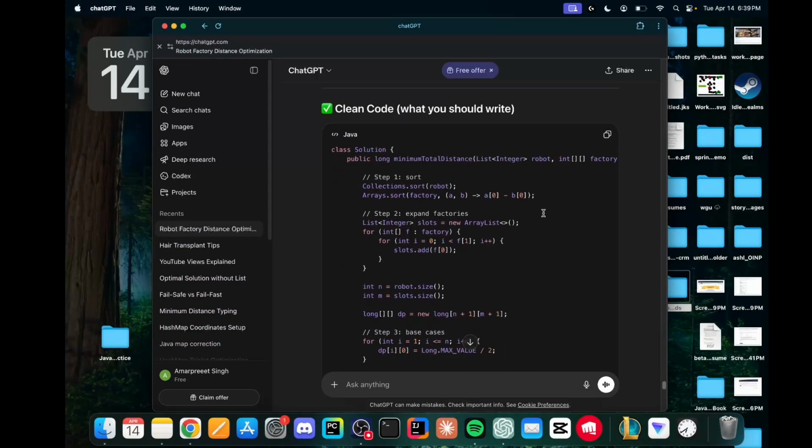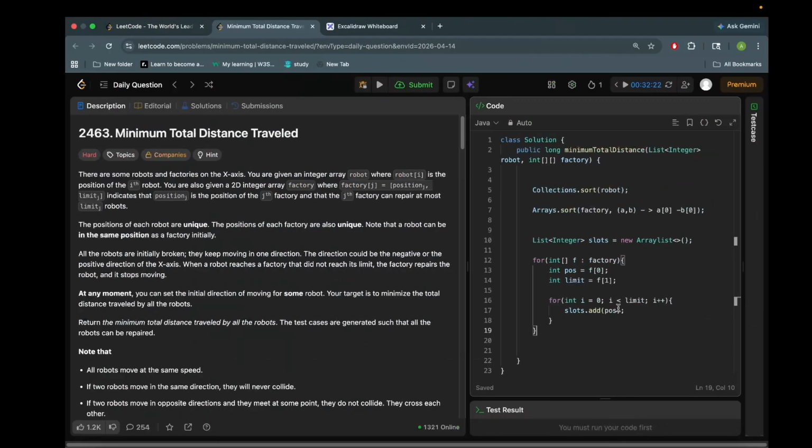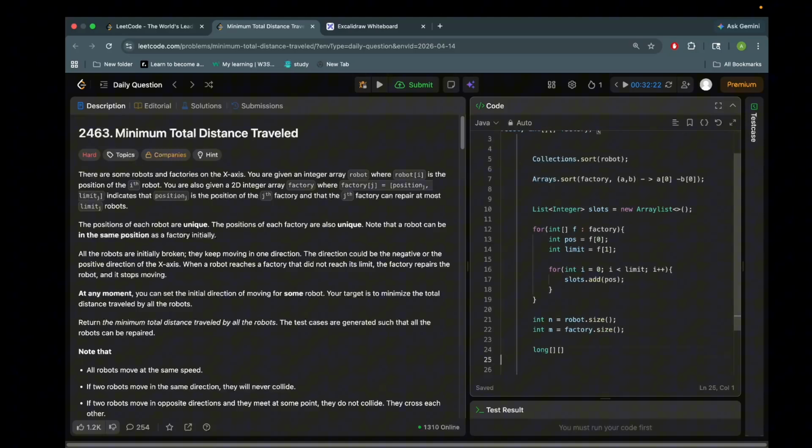Once we have added that, we need integer n equals robot.size. Integer m equals slots.size. I want to have long dp equals new long[n plus 1][m plus 1]. Oh, plus 1, sorry. Why am I adding plus 1?